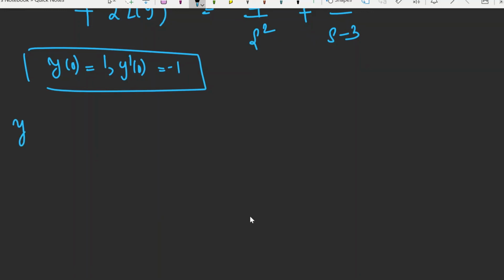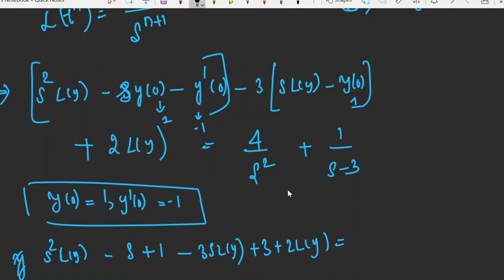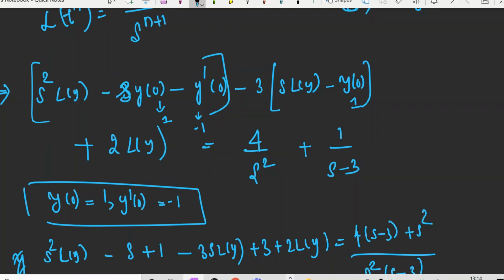So here 1 and here minus 1. So s square L of y minus s plus 1, minus 3s L of y plus 3, plus 2 L of y equals, here we have to take the LCM, 4 times s minus 3 plus s square divided by s square into s minus 3.